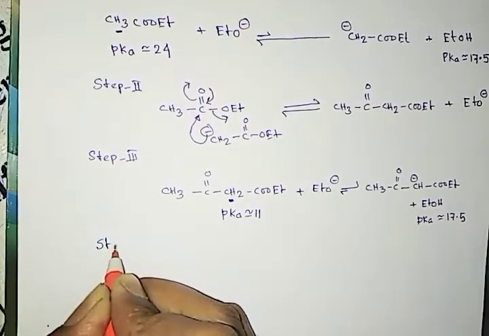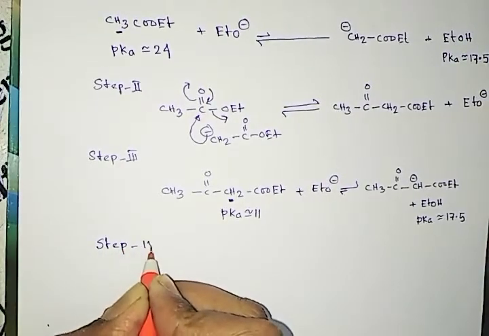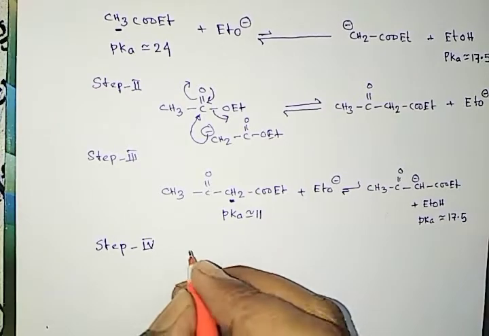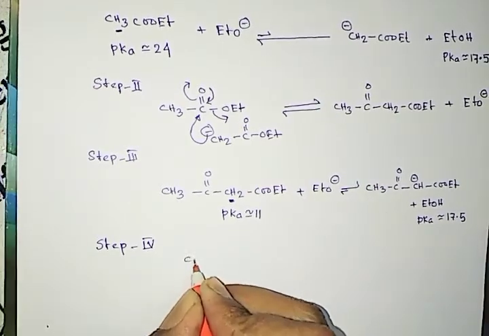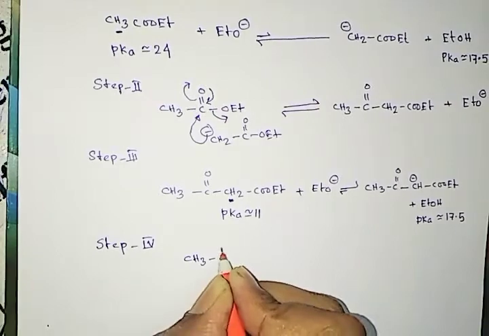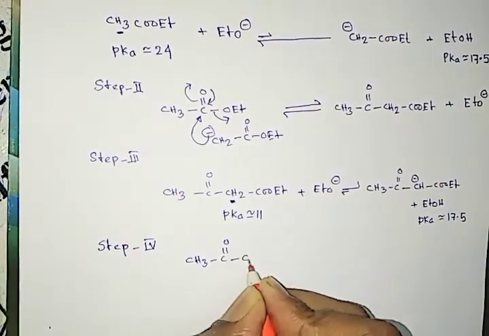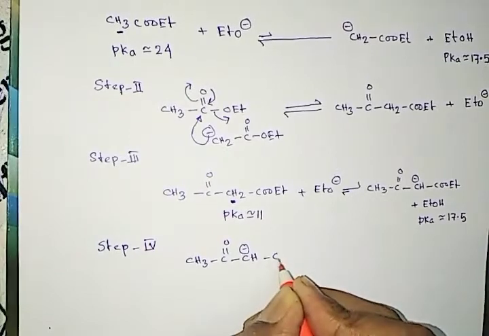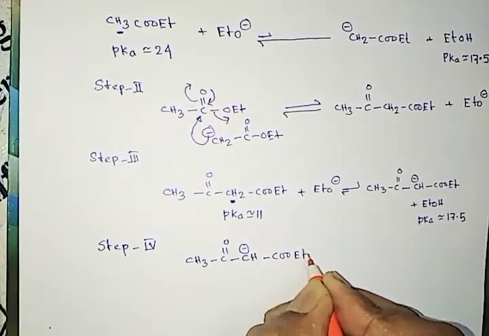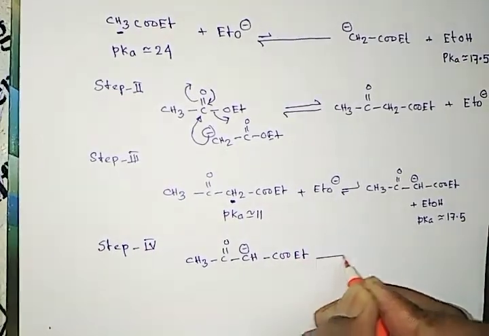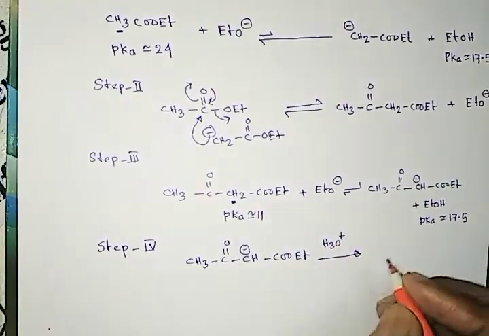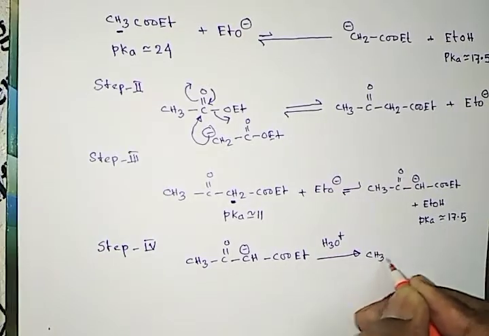And in step 4, acidic workup gives the neutral beta keto ester. This is step 4, from the CH minus. This is the acidic workup step.